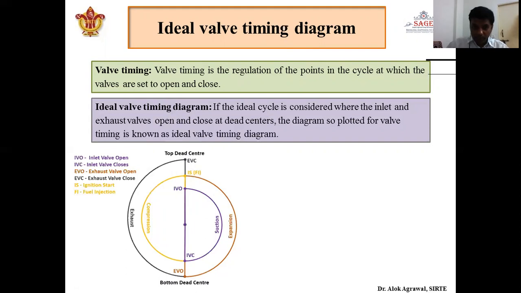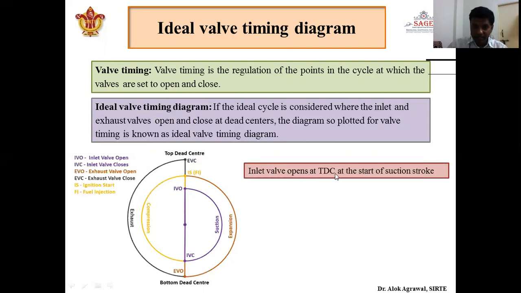So this is the point where the inlet valve opens when the piston is at top dead center. This IVO represents inlet valve open. So the inlet valve opens at TDC at the start of the suction stroke according to the ideal cycle.